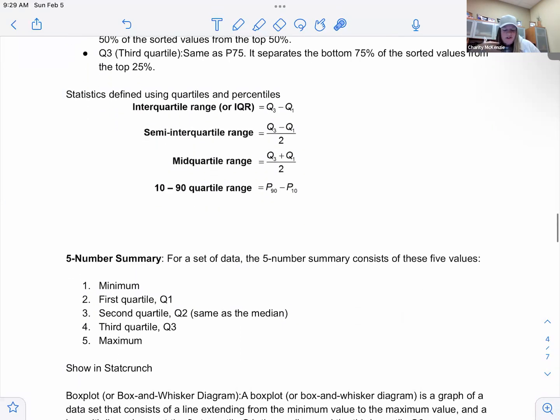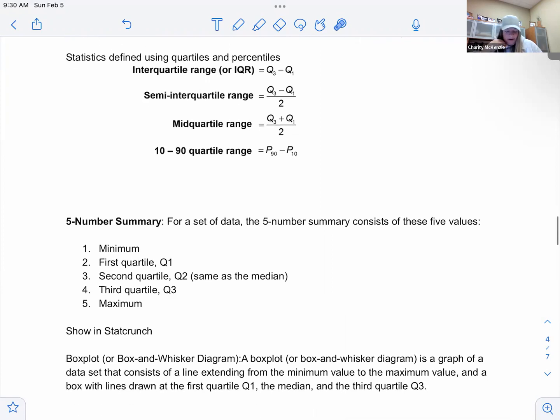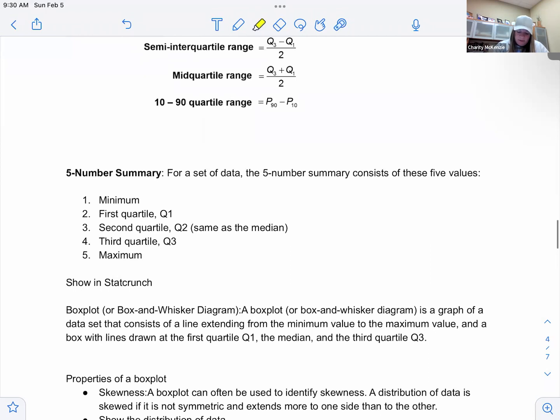And then there are some other values, like mid quartile range and semi-interquartile range, that some statisticians use. The big one for us will be the 5-number summary. These are the values that go with the box plot. So you have to be able to find these in order to draw your box and whisker plot.